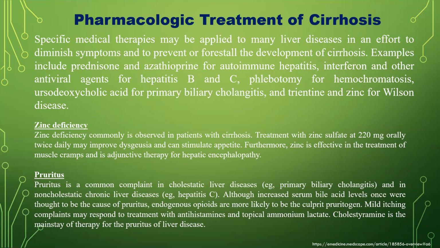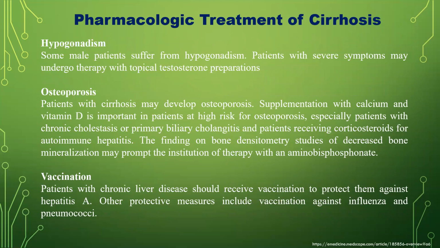Mild itching complaints may respond to treatment with antihistamines and topical ammonium lactate. Cholestyramine is the mainstay of therapy for the pruritus of liver disease. Some patients suffer from hypogonadism, and those with severe symptoms may undergo therapy with a topical testosterone preparation.